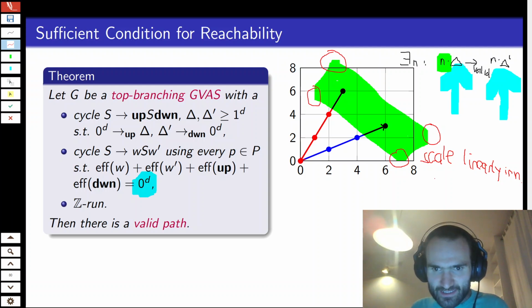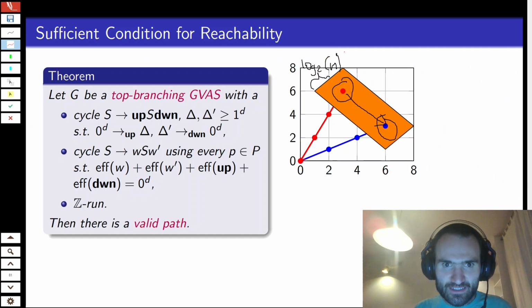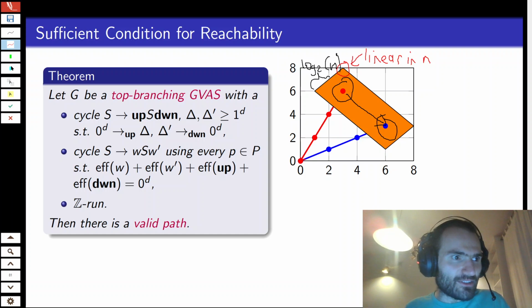On the other hand, the width, as we said, scales logarithmically, so this is ln in n.